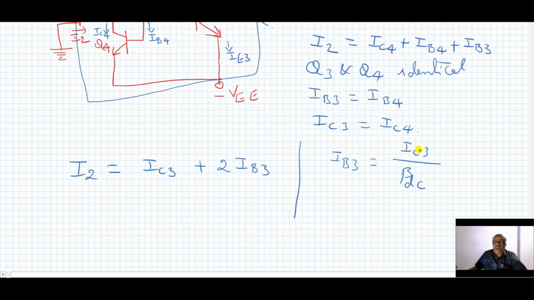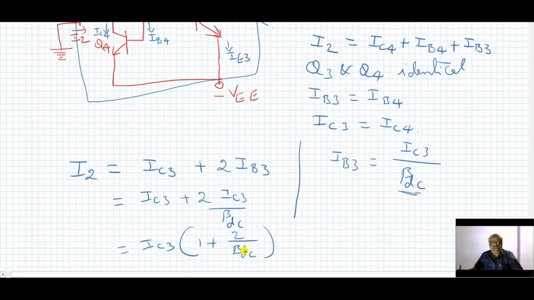Therefore IB is equal to IC by beta. Because here we are discussing only the biasing conditions, the beta should be beta DC. So in the place of IB3 we can write IC3 by beta DC. So this becomes IC3 plus 2 into IC3 by beta DC. So if you take IC3 common, IC3 into (1 plus 2 by beta DC). So this is the expression we get.